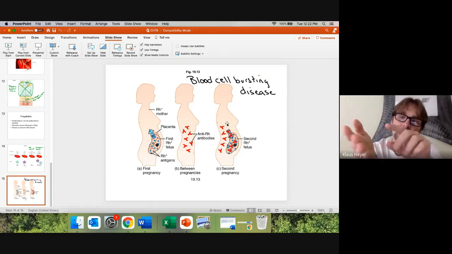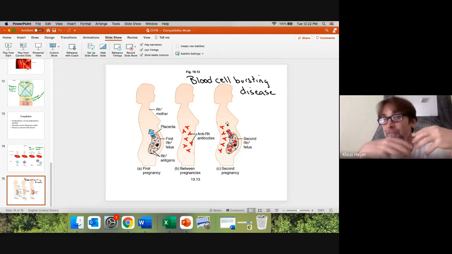That means there's a chance that the baby's going to be positive. So now you have a negative blood type, your baby has a positive blood type. The first pregnancy will be okay because there's a barrier there. But when you're giving birth, you're negative, you're going to get exposed to that baby's blood.